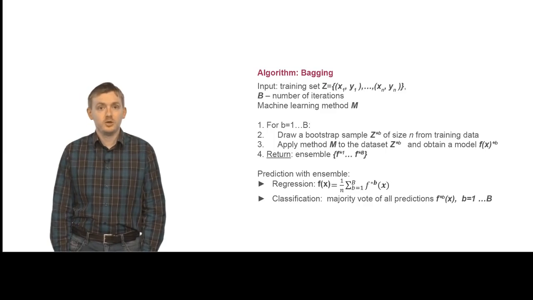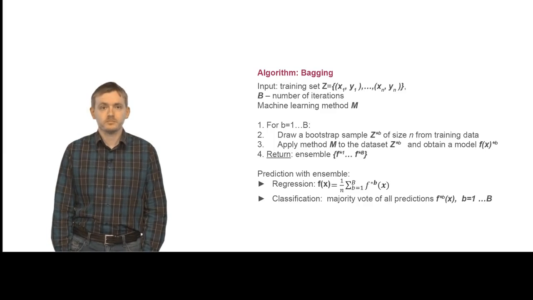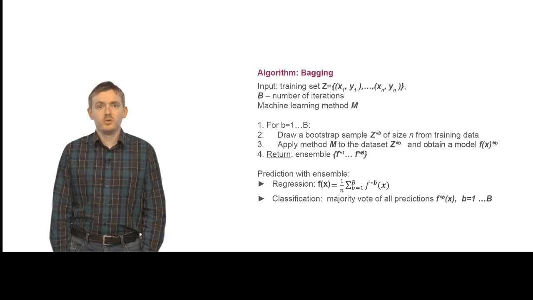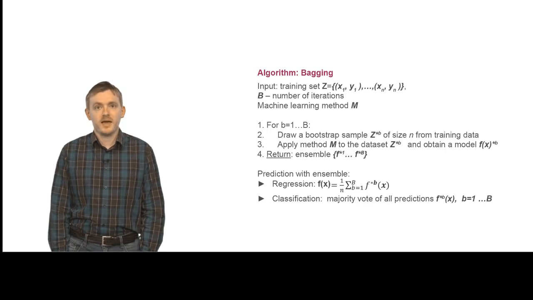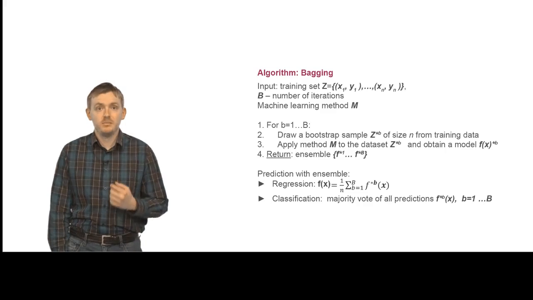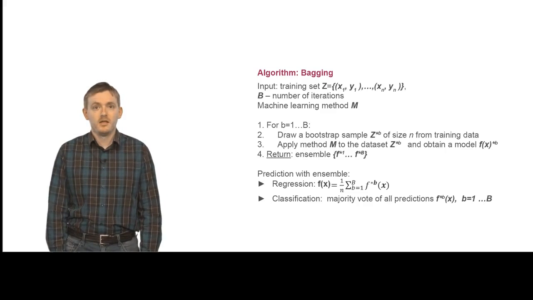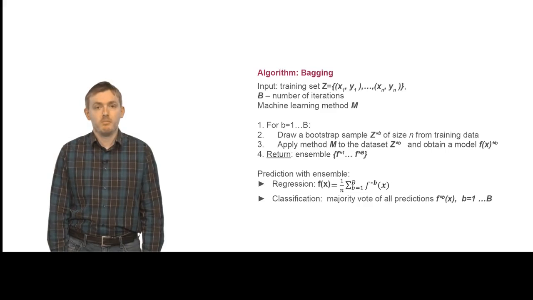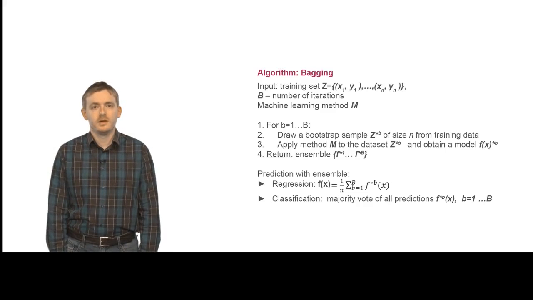And finally, you obtain the model. You will denote this model by f*_b(x). This algorithm returns an ensemble of B models. This is how training with bagging works.